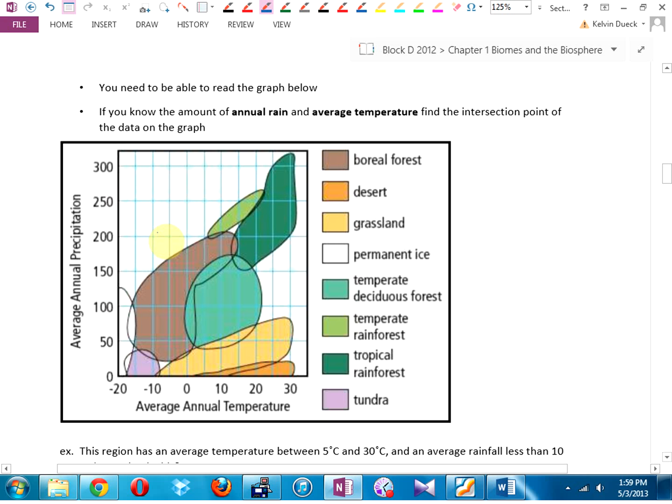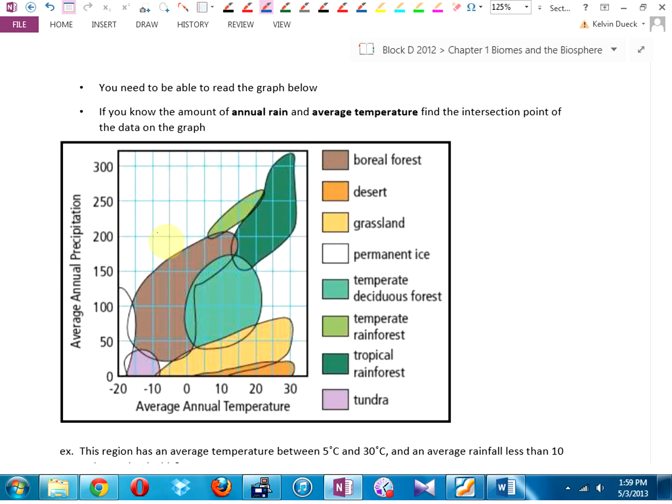Along the x-axis, the horizontal, we're measuring average annual temperature, and they range from about minus 20 degrees Celsius up to over 30 degrees Celsius. You can see those are the biomes there, that list. How many are there? Count. 8. We generally divide them into 8 biomes.